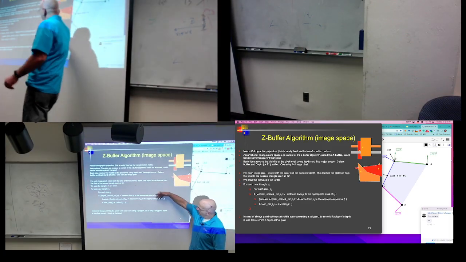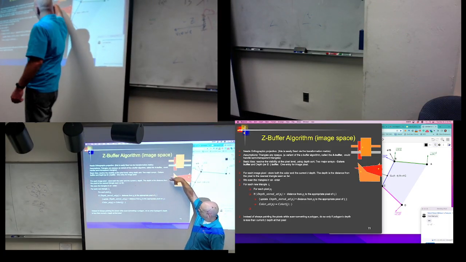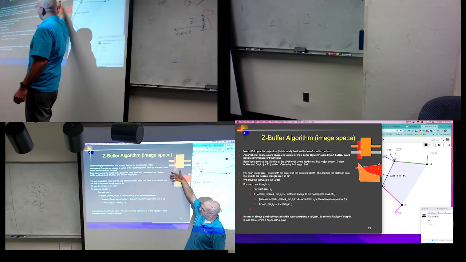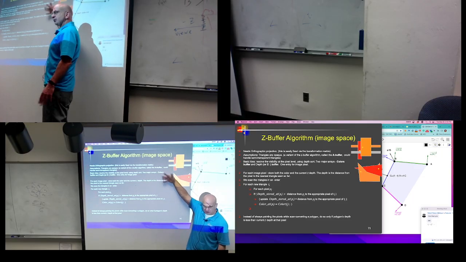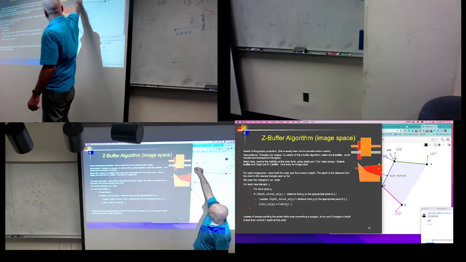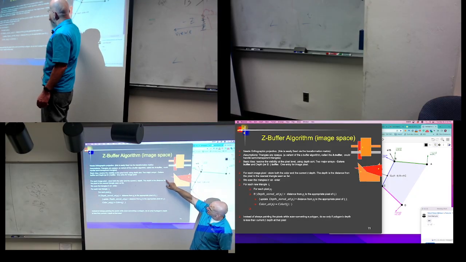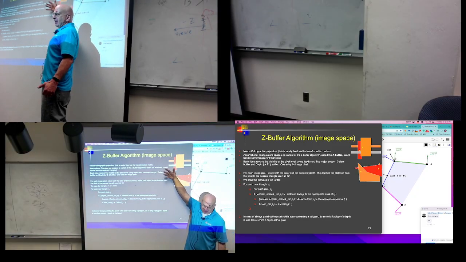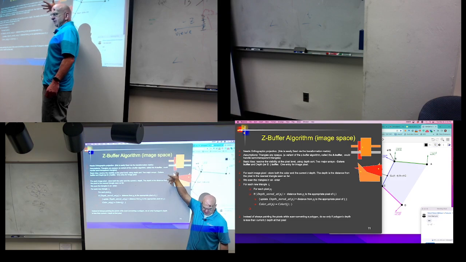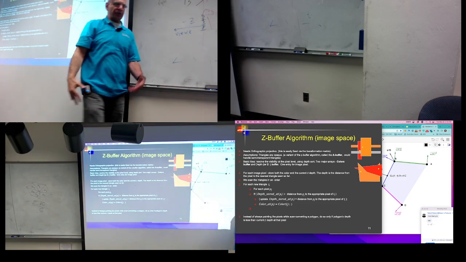So, highlighting the remaining three objects of the Z-buffer algorithm. Right now, I don't care about how many cores your computer has. What I'll do is assume that my objects need orthographic projection.